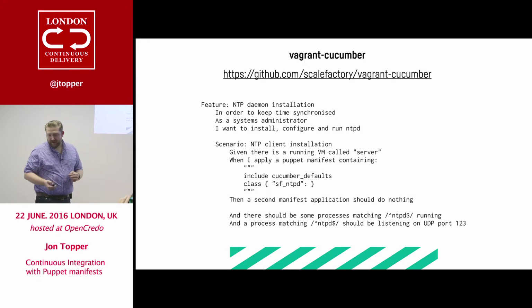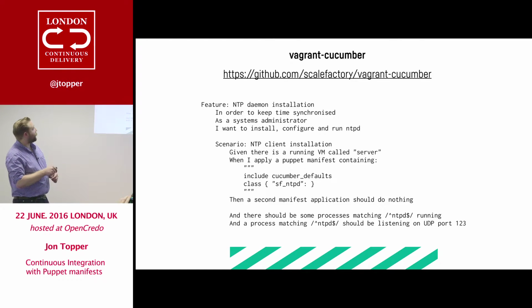So if you're not familiar with the BDD language, we've got this description of the feature at the top here, which is a sort of friendly thing that isn't interpreted in any way. We've got a scenario here called NTP client installation, which is again an indicator of the name of the scenario. It's not used in any kind of programmatic way.